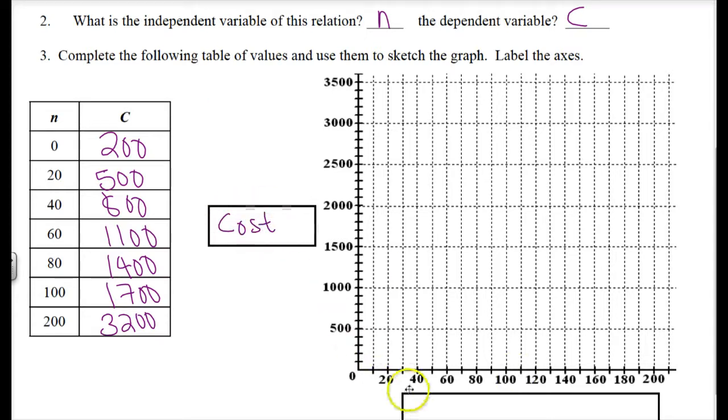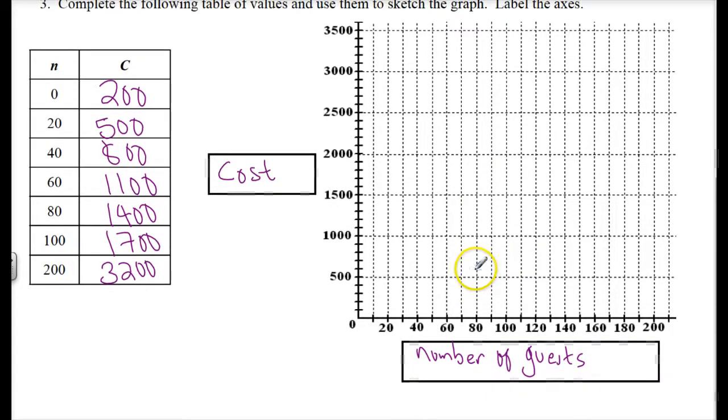And here we have our, I forgot the number of guests. And we can plot these. I've labeled the axes. So if nobody comes, we still have to pay the $200 for the hall. 20 people will be a total of $500. 40 people will be 800. 6, 7, 8.